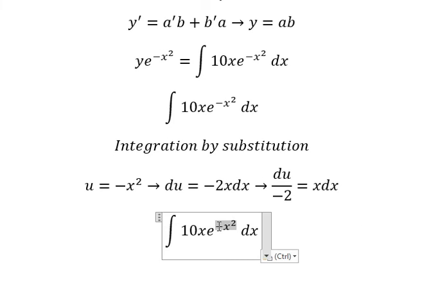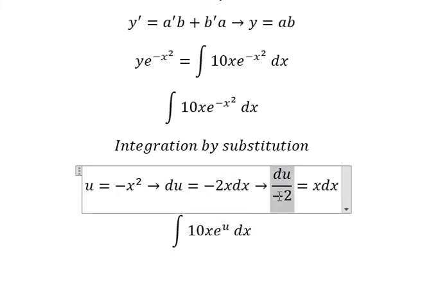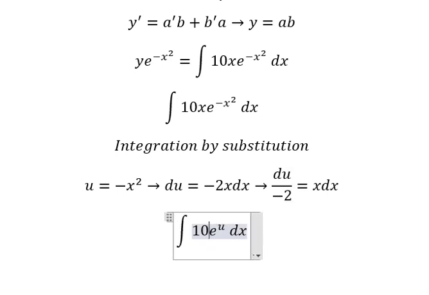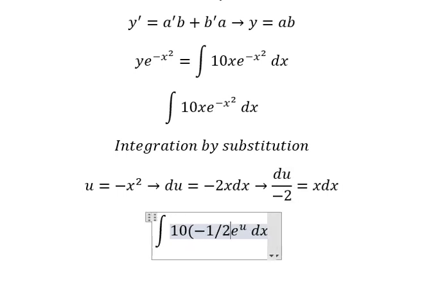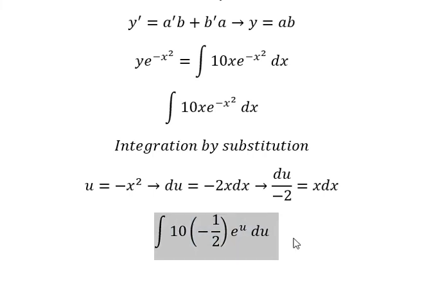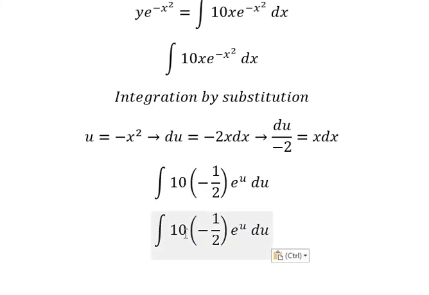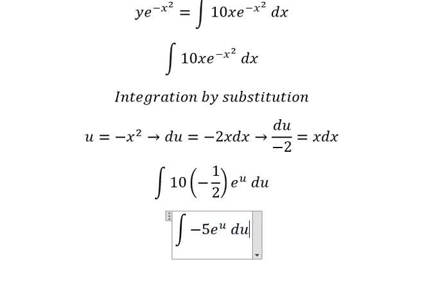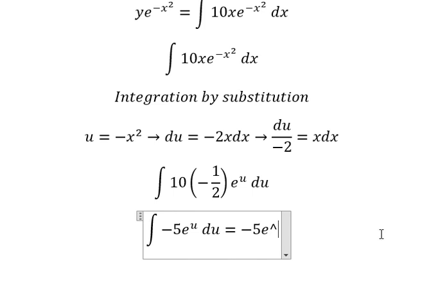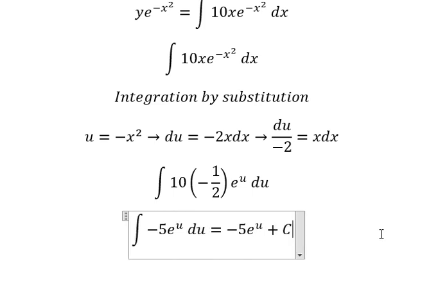This one we change to u. x dx we change to this one. So this one we have negative 1/2. The integration of this one, we have negative 1/2 e to the power of u, and I will put c.